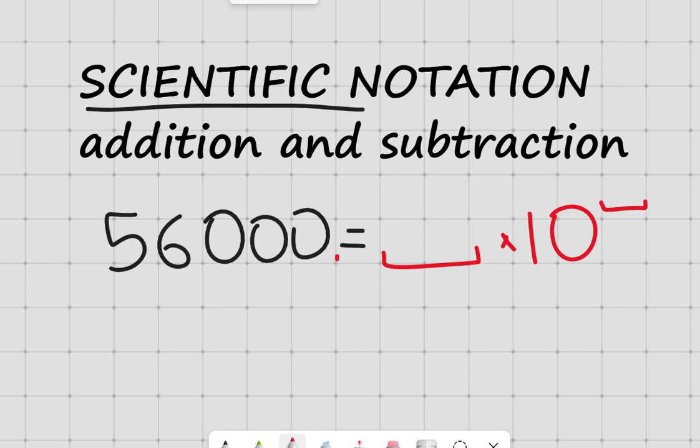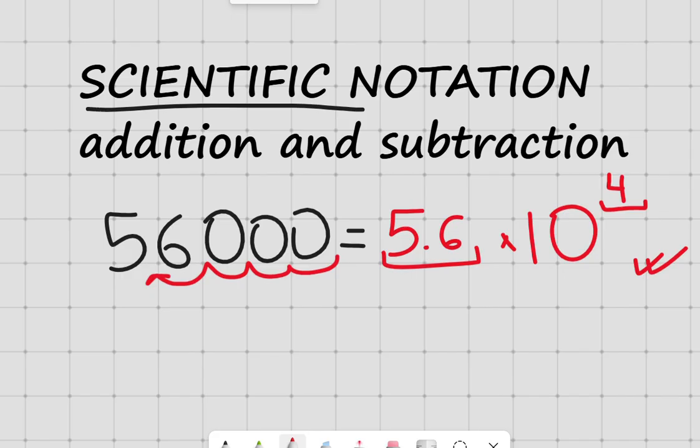So we count how many times we move the point to reach a number between 1 and 10. 1, 2, 3, 4. We move the point 4 times so that we reach 5.6. And you basically have 5.6 multiplied by 10 to the power of 4.